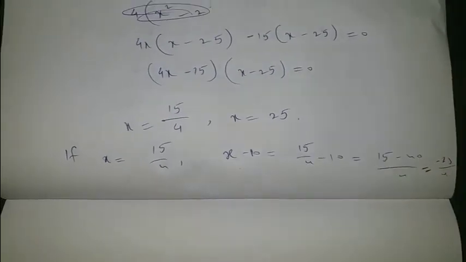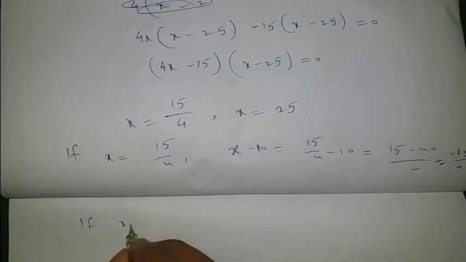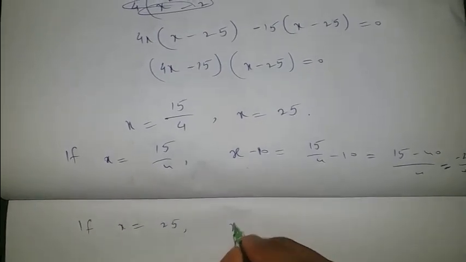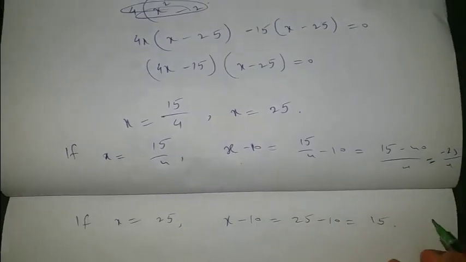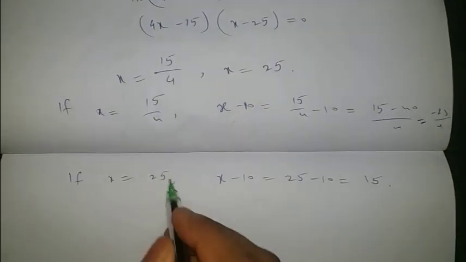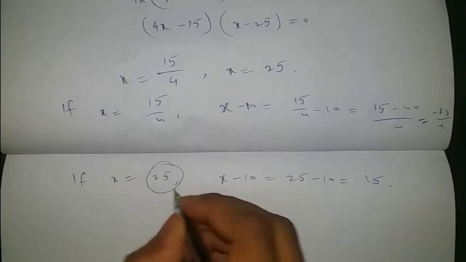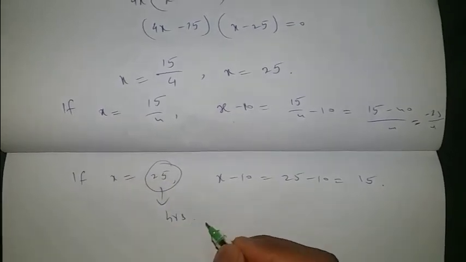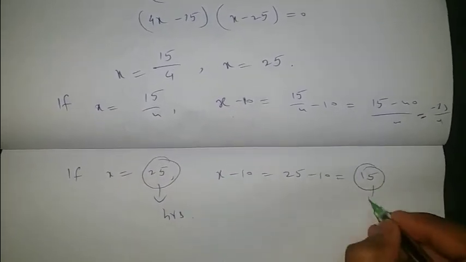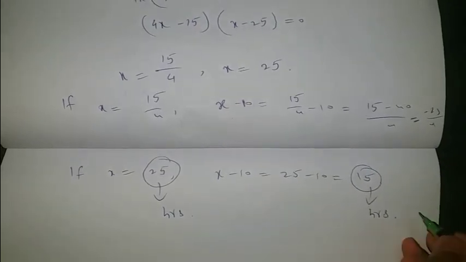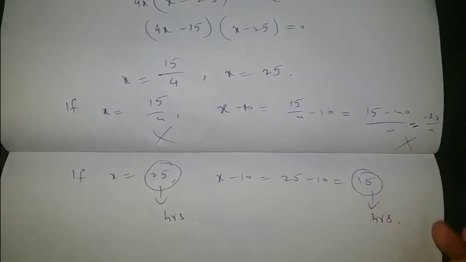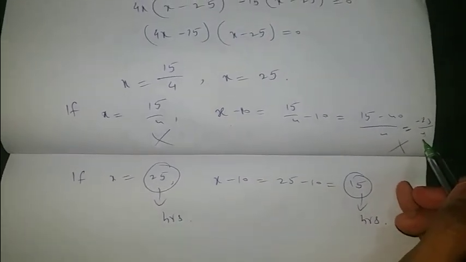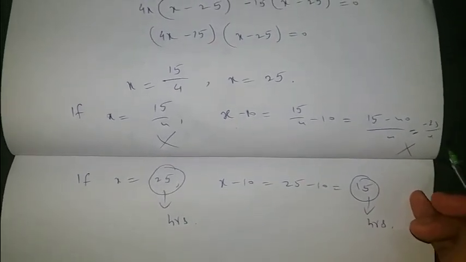Negative numbers are not possible. Then if x is equal to 25, x minus 10 is equal to 25 minus 10, which is equal to 15. So the smaller tap will take 25 hours to fill the tank, and the larger tap will take 15 hours to fill the tank. So this 15 by 4 is not possible, because we are getting a negative value. Negative hours won't be there.